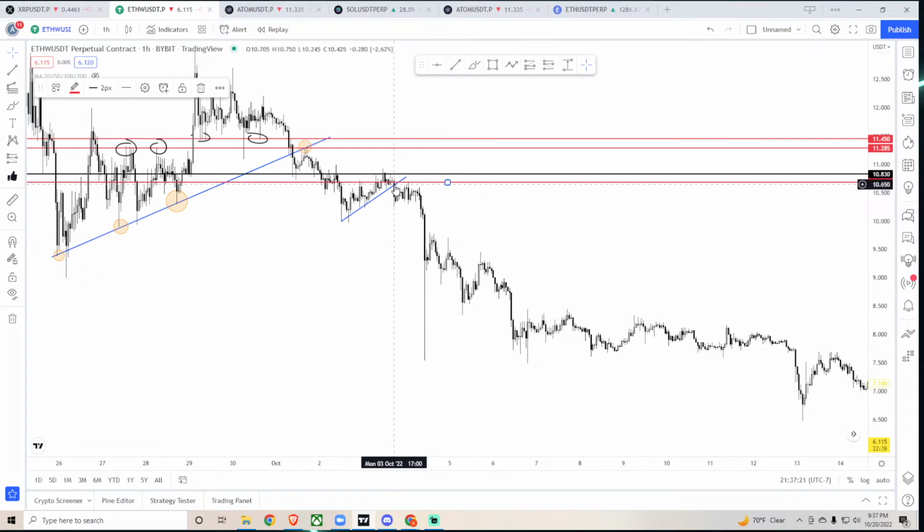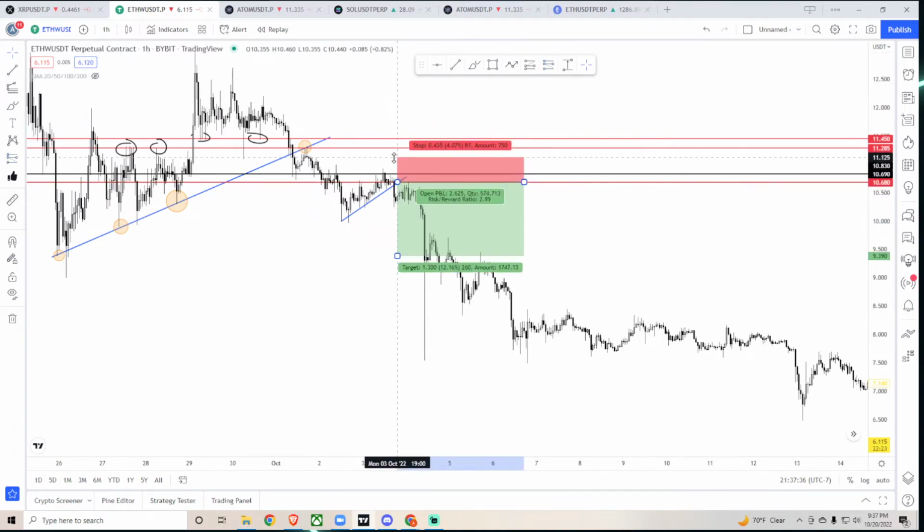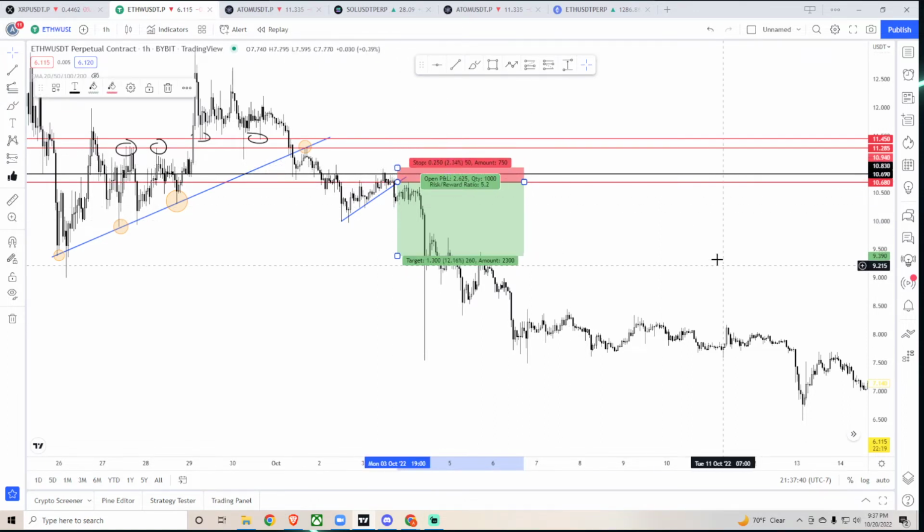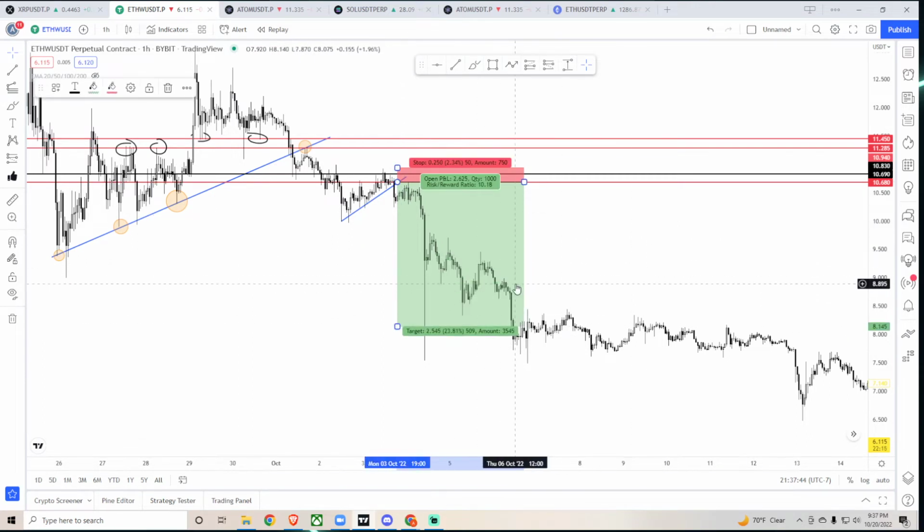Okay, so you could have shorted here as well. Even if you missed this, there is your resistance level. But based on this trading strategy, on this breakdown, you could have shorted there, right? Stop loss above the last wick, so about 2.3% risk, and you're going to take profits on your support levels.